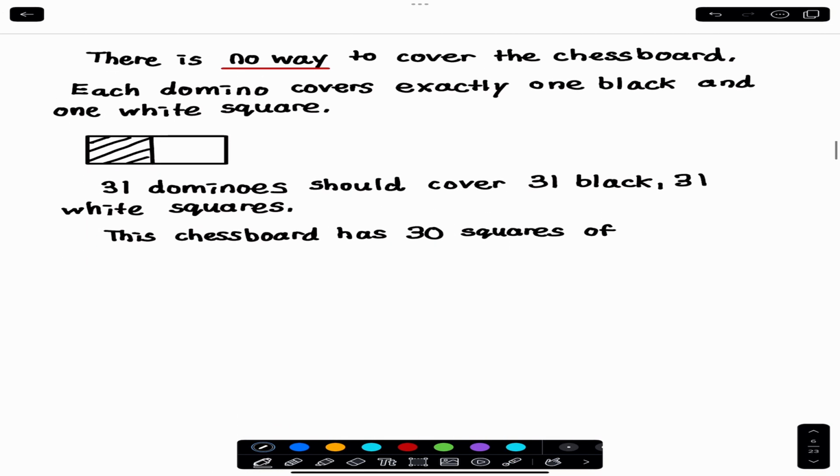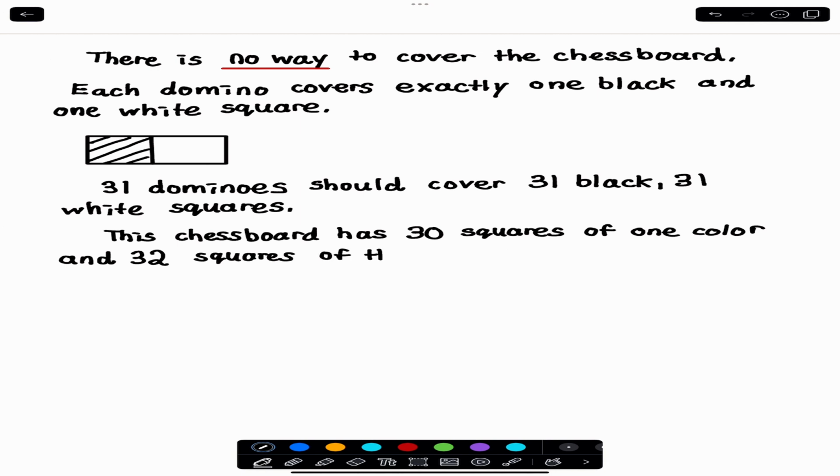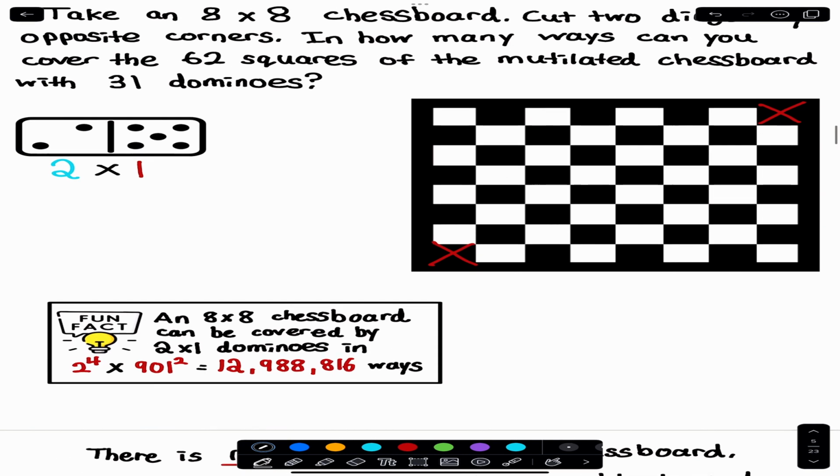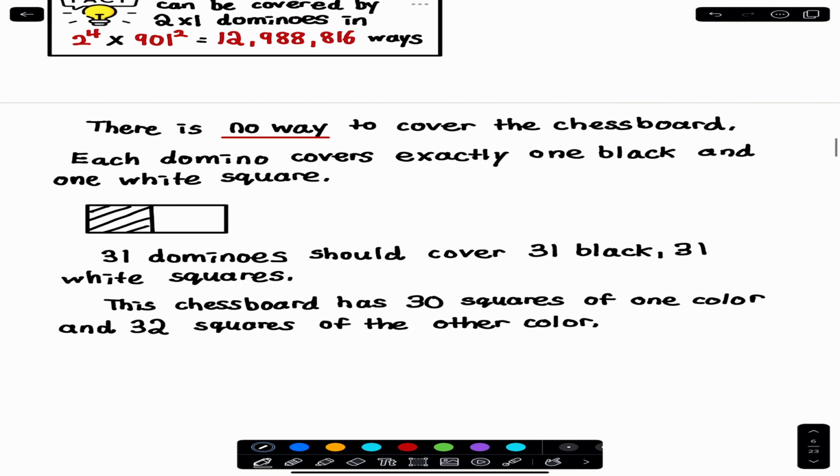The point is, this chessboard has 30 squares of one color, and 32 squares of the other color. So therefore, a successful covering of the board does not exist.